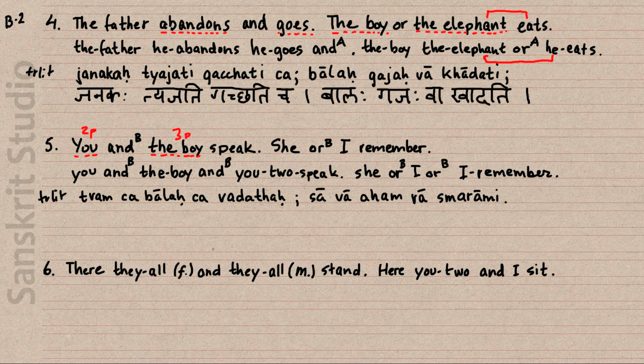So we have an extra H there for second person dual. Vadataha, and then we have sa va aham va smarami. Okay, so that works well, and we should be consistent with my semicolons there, and now we just render it up in Devanagari.